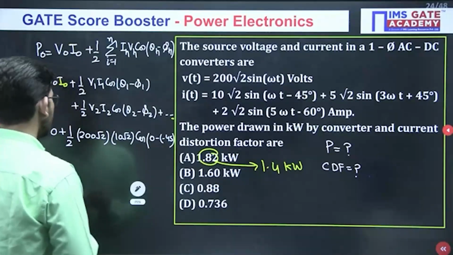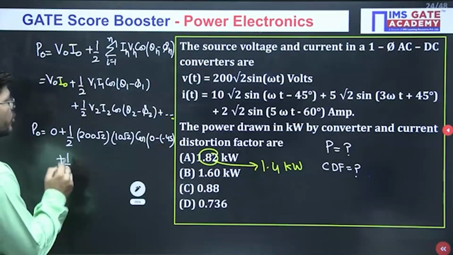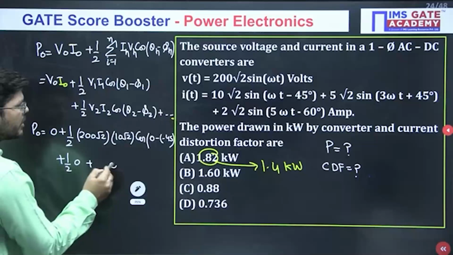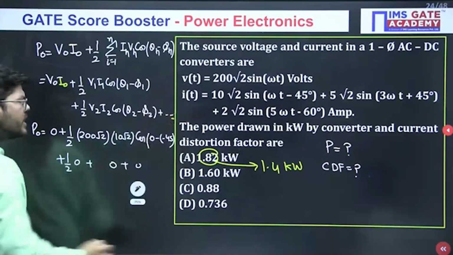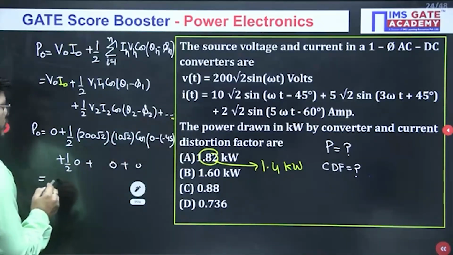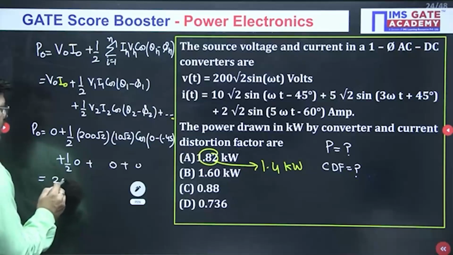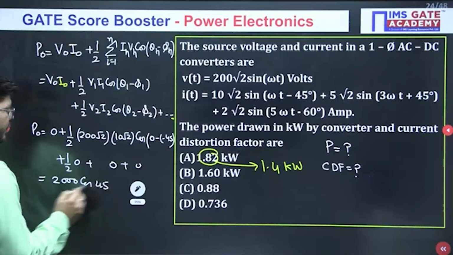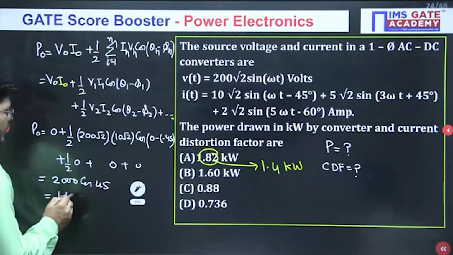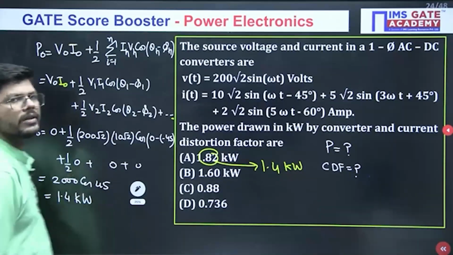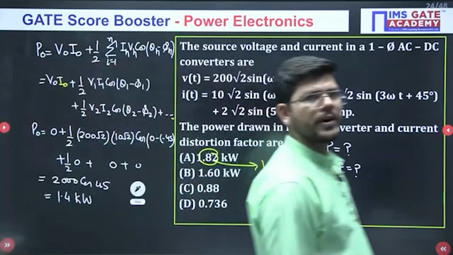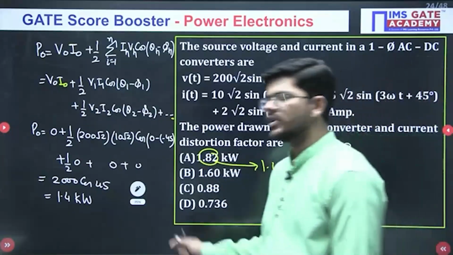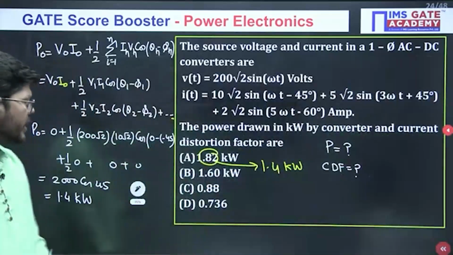Now do we have any other component of voltage? No. So all other terms will be 0, isn't it? We only have this term. So what will we get here? We will get 2000 cos of 45. From here you will get 1.4 kilowatt of power. So 1.4 is the right answer, which is not there in the options, so I have corrected that. Now after that, what do we have to calculate?